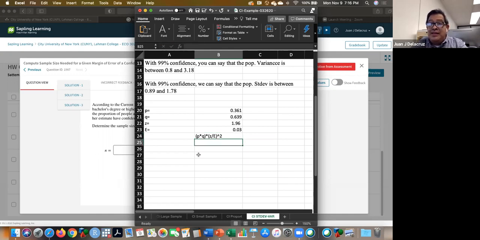That's how I would write the question. Of course you have to put the numbers there, so you say P times Q, then times this. That is exactly the formula that we are doing.